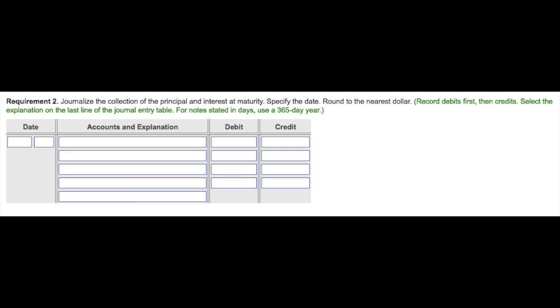Recall that the loan is awarded on June 6th, and it is for 90 days. When the period is given in days, the maturity date is determined by counting the number of days from the date of issue, counting the maturity date but omitting the date that the note was issued. Therefore, a note that matures in 90 days will mature on September 4th.